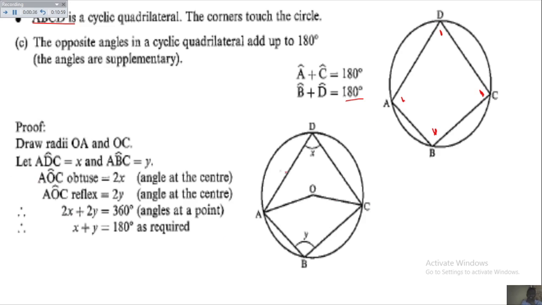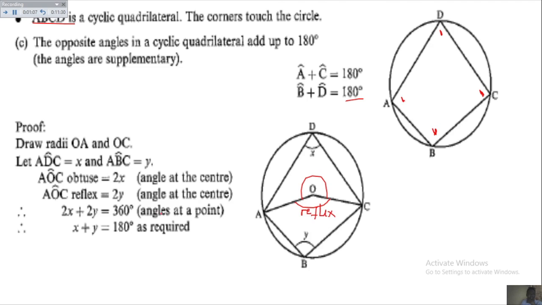Then we know this already. There are reflex angles. Like this particular one, this is suspending angle AOC, and it is suspending angle ABD. Then this one becomes a reflex for that.